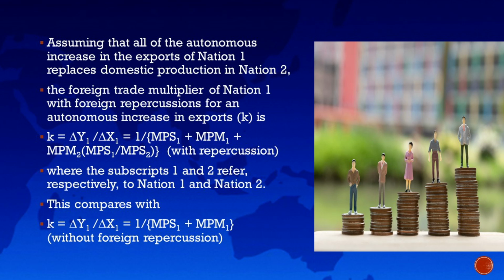So now we are introducing marginal propensity to save of nation 2, which is 0.2, and marginal propensity to import of nation 2, which is 0.10. And now this foreign trade multiplier will be 1 by 0.25 plus 0.15, which is of nation 1 only. One is MPS and one is marginal propensity to import.